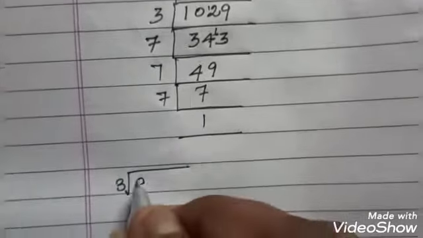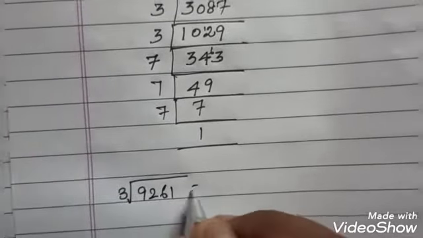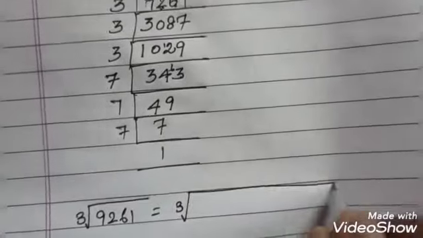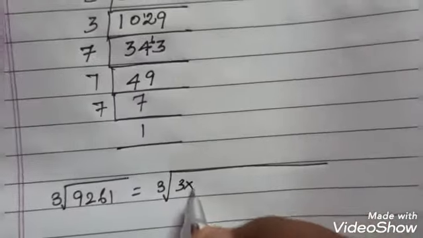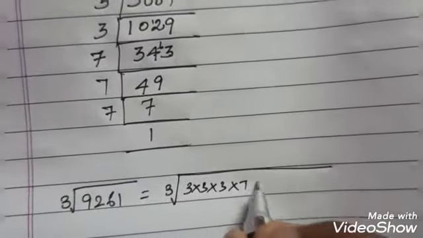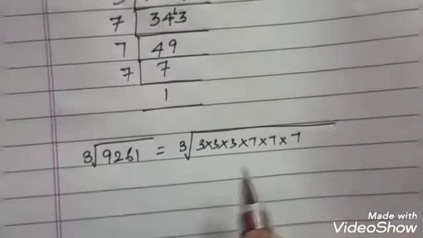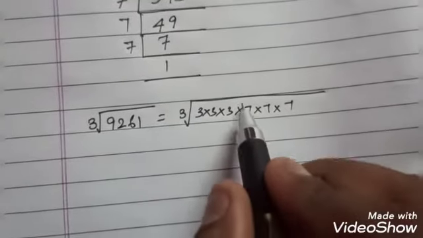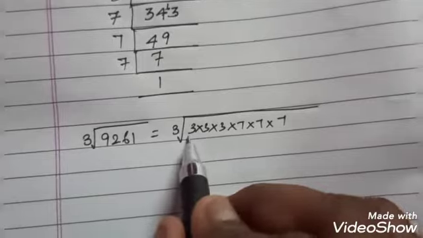Now you go with the cube root. You write all the factors. 3 into 3 into 3 into 7 into 7 into 7. So now you can see what is meant by cube root. You need to take 1 from this triplet.